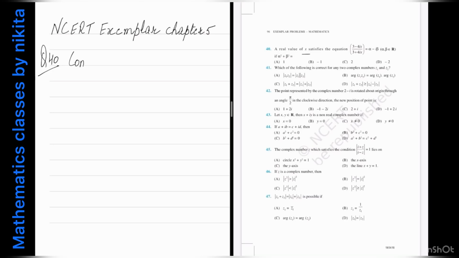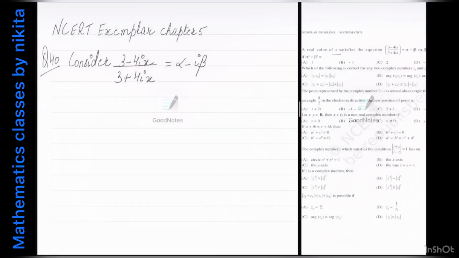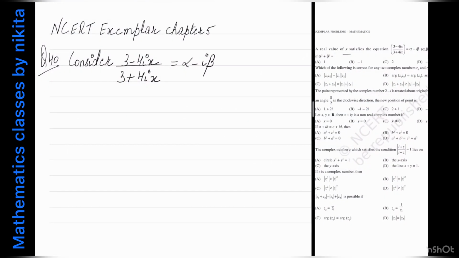consider (3 minus 4ix) divided by (3 plus 4ix) equal to alpha minus i beta. Okay, so now from here I have a complex number in the denominator, this 3 plus 4ix.